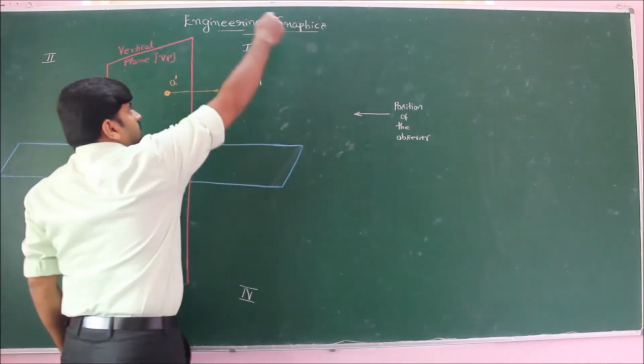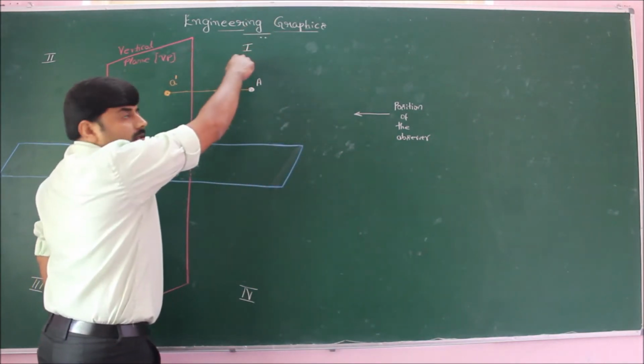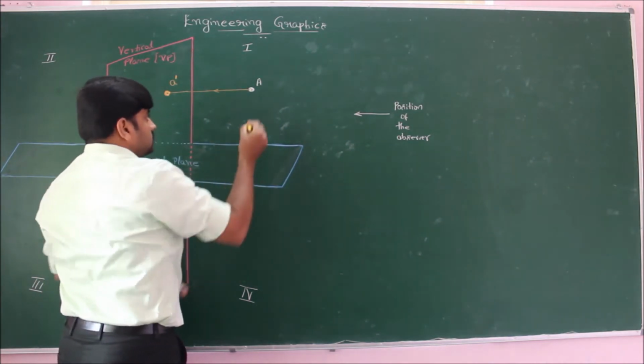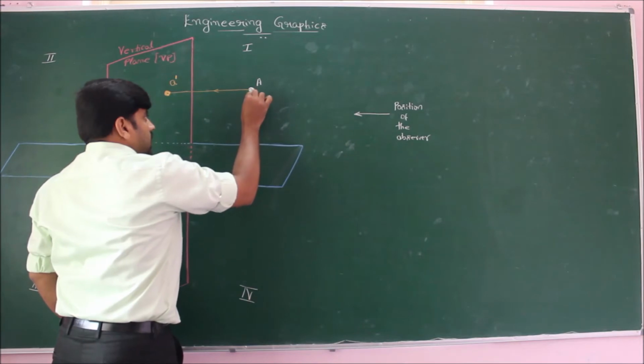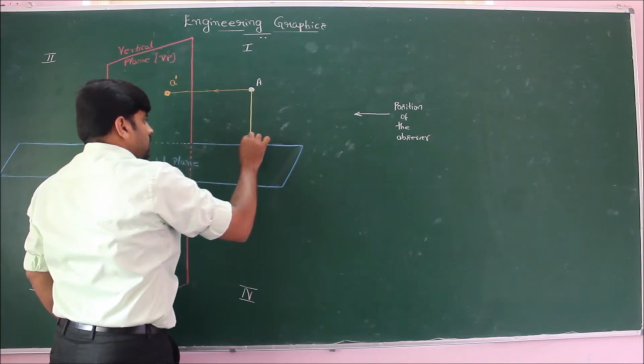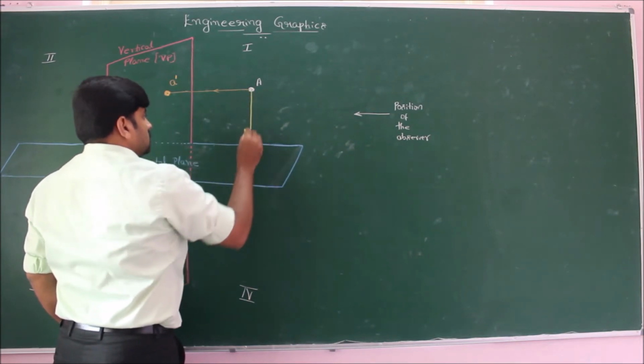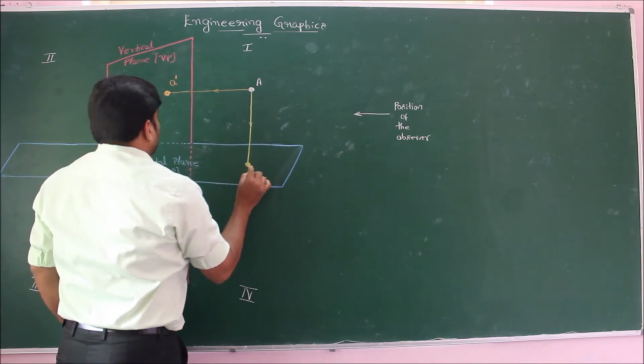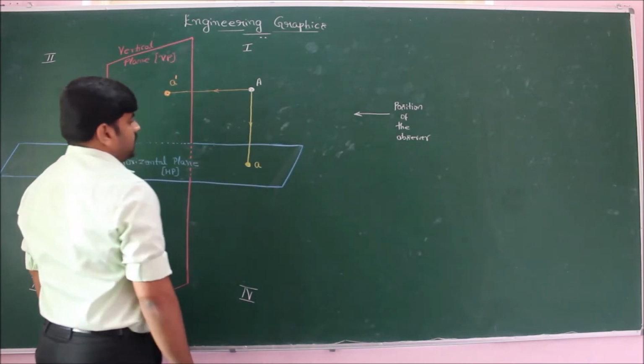Similarly, if the observer views this point from the top, we will project it onto the horizontal plane. So projecting it to the horizontal plane, we will mark the top view of this object, that is a.